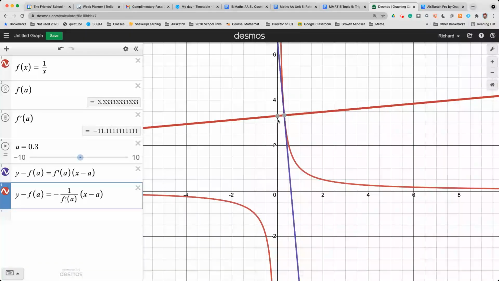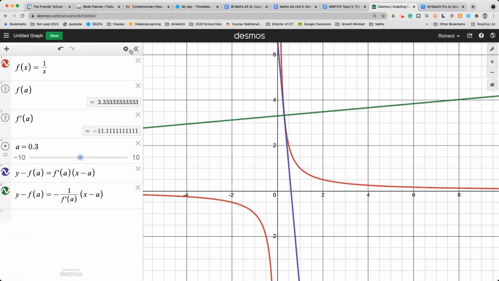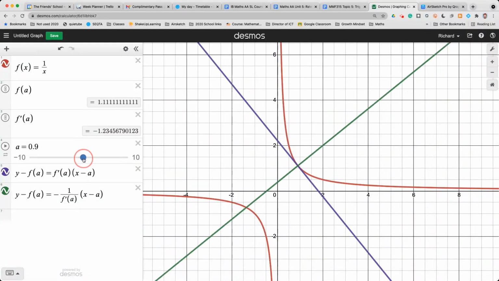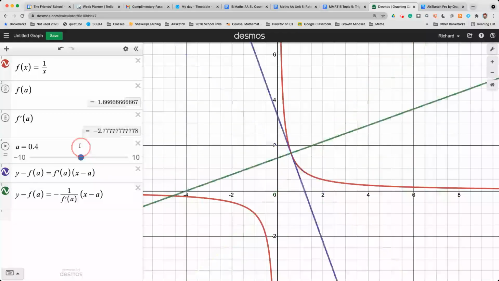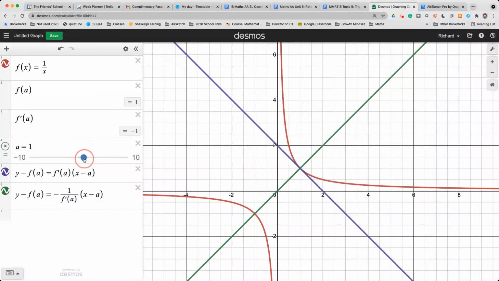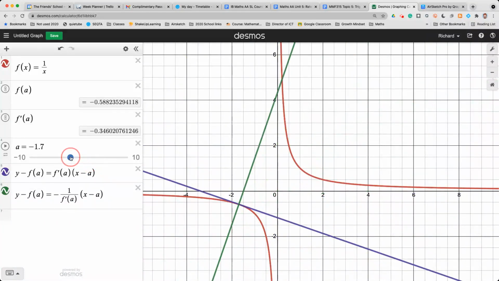Can you see that it pretty much looks right angles there? Might just change the colour so that you can see a bit better. Okay. So as I now slide A around, it's staying as a right angle, the green line. So the blue line is tangential and the green line is a normal at that point.